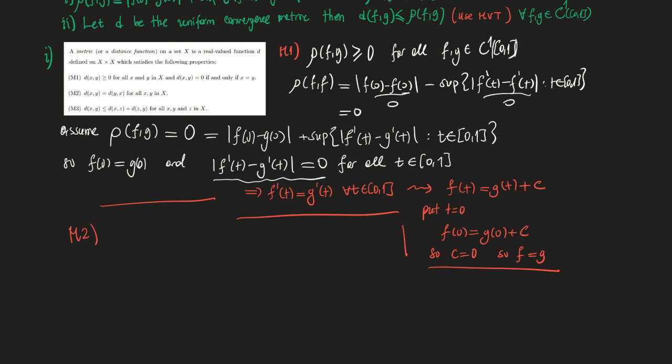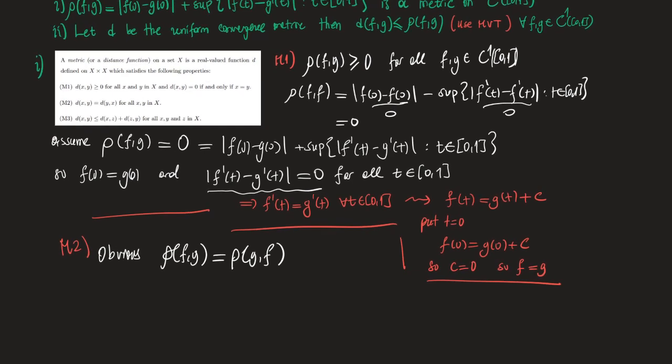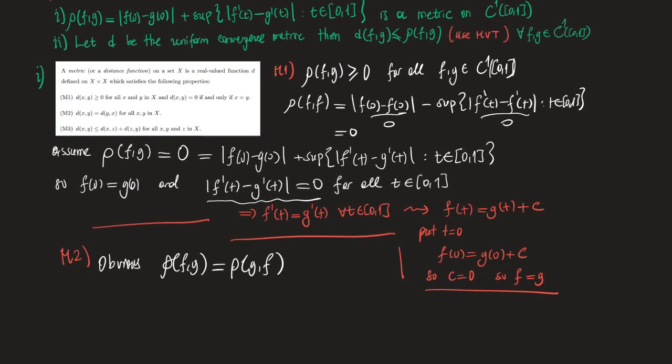Rho(f, g) is equal to rho(g, f), because you can change the places. It is in the absolute value right here in the definition. Let me show you. If you change the roles of g and f, this is the same. Again, since it is also in the absolute value, it is the same, so they are equal.